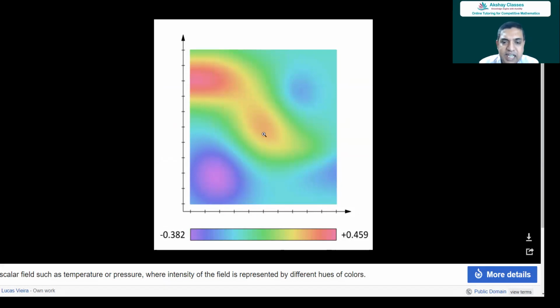So I'm studying the gradient of how the temperature changes in a particular path. So to study this, we need to understand the del operator.